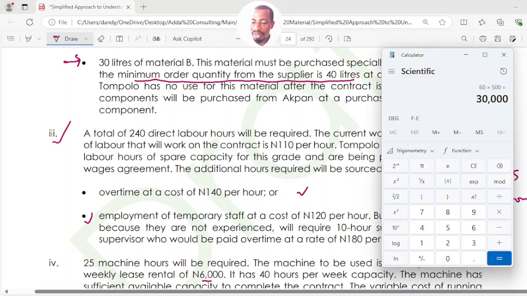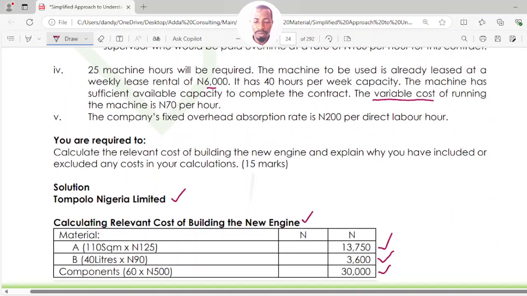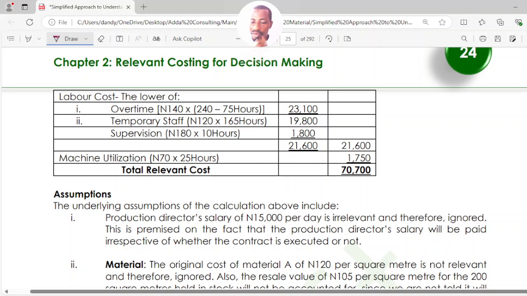First thing first, let me confirm the difference. 240 minus 75 equals 165, then multiply by 140, that's the overtime cost. Overtime cost is 23,100. So let's go and post. We are comparing the overtime. So 23,100 is the overtime. I will close it.